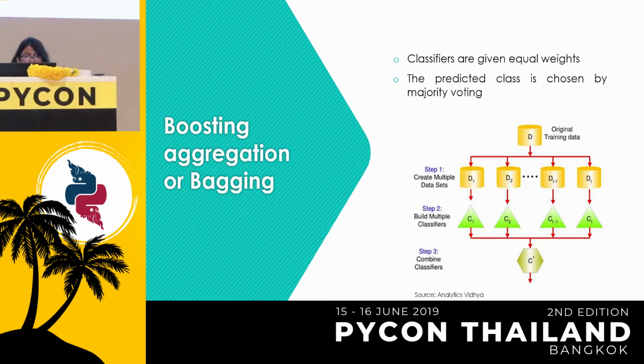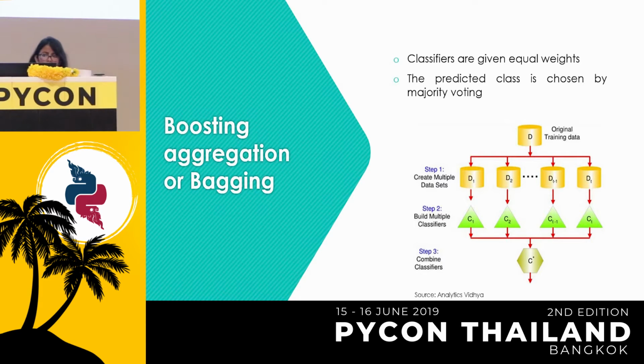And we can see here, we do several splits on the data sets, and all these sets are fed to the different classifiers, and the prediction will be the majority prediction of all the models.